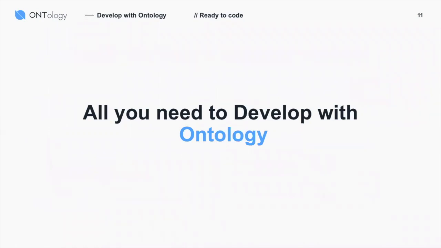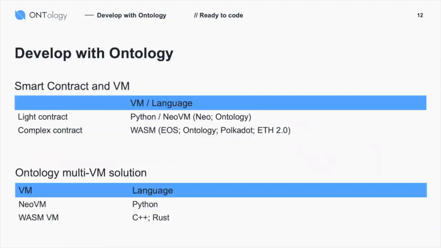So next we start to develop a DApp on Ontology. Because Ontology supports multiple virtual machines, it supports multiple types of smart contracts. If your smart contract is a lightweight smart contract, you can use Python. It is based on the NeoVM virtual machine, which is supported by Neo and Ontology.